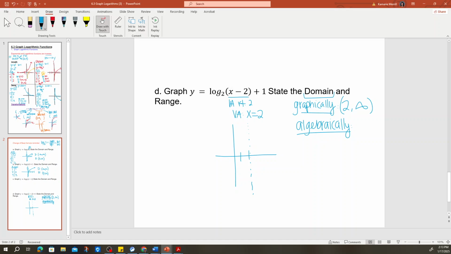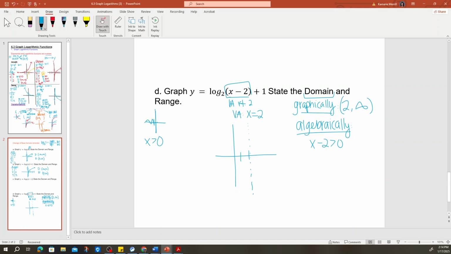Okay. You guys can also calculate domain algebraically. Are you noticing that back in the parent function, we were not allowed to plug in a 0 or negatives? So x had to stay above 0 on all of it. Well, that means inside here, x minus 2 has to stay above 0. So you can calculate domain algebraically. You don't always have to have a graph.